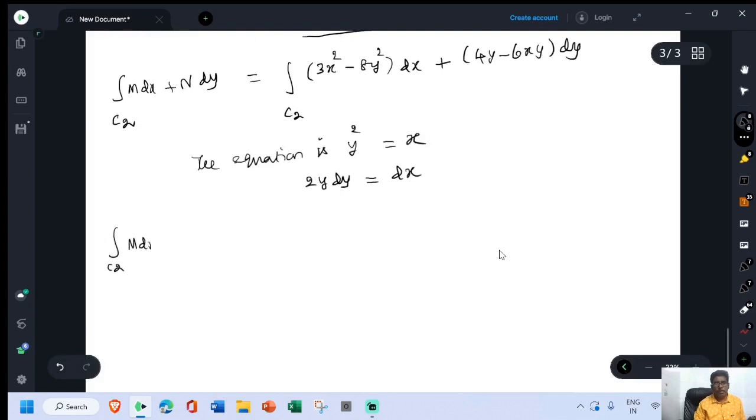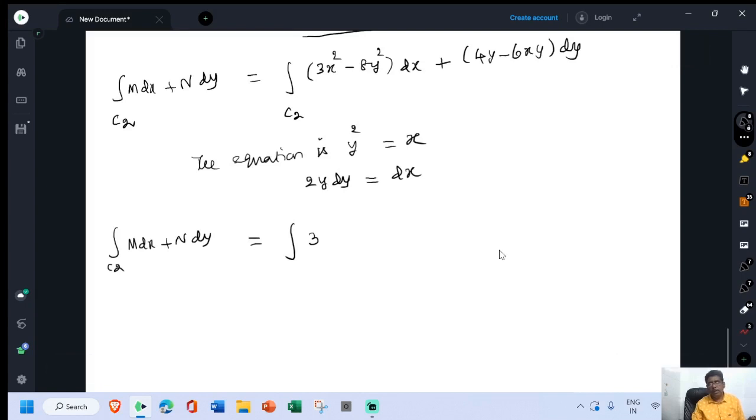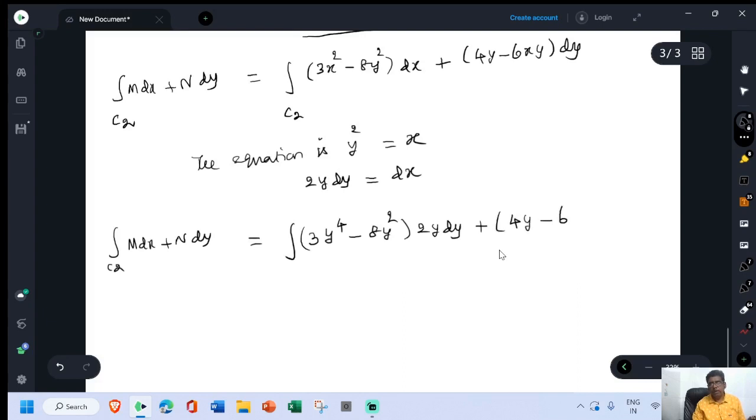Say for C2, M dx plus N dy is equal to integral 3 into, then x is y square, then x square is y power 4, minus 8 y square into, instead of dx we have to put 2y dy, plus 4y minus 6 into, instead of x we have to put y square, into y into dy.